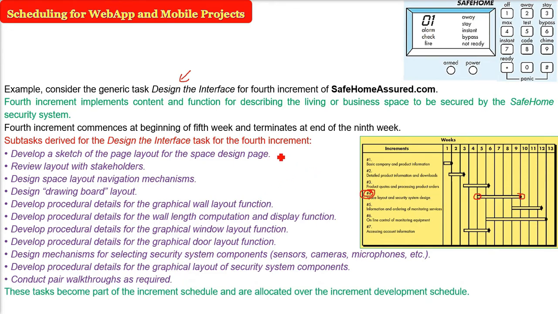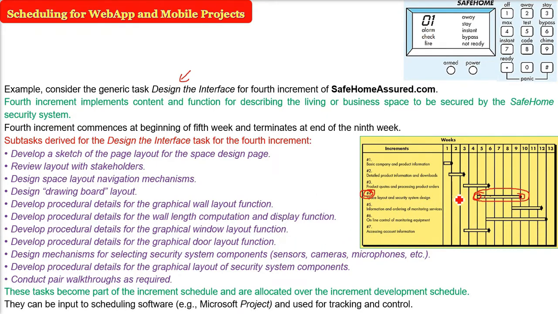So these tasks, which are actually the main application part of that increment, will become part of the increment schedule and they are allocated over the increment development schedule. So they can be input to any scheduling software like Microsoft Project, and then you can track and control.